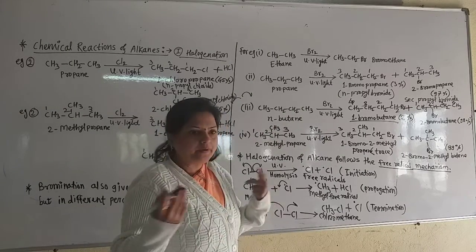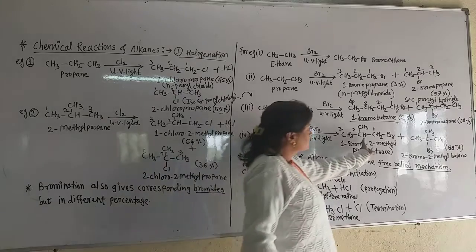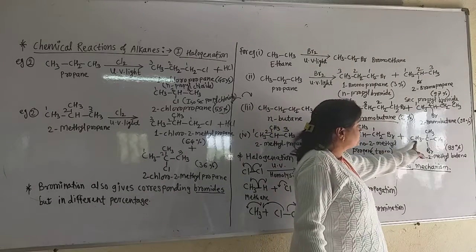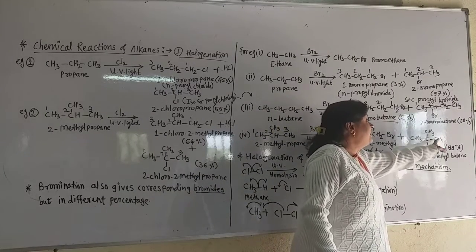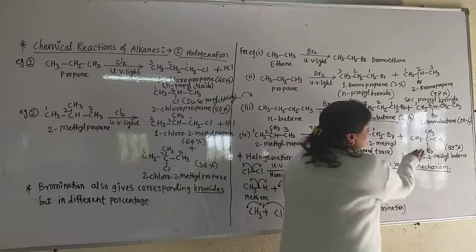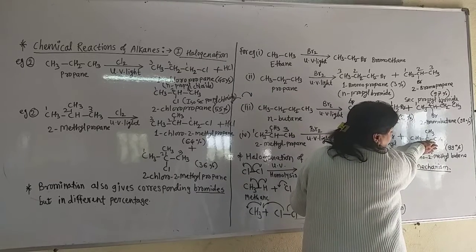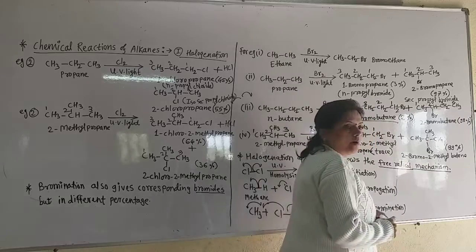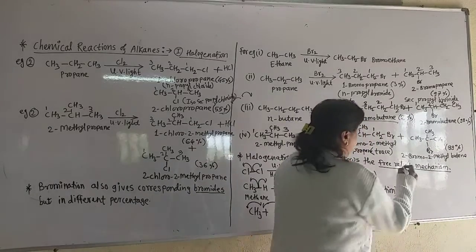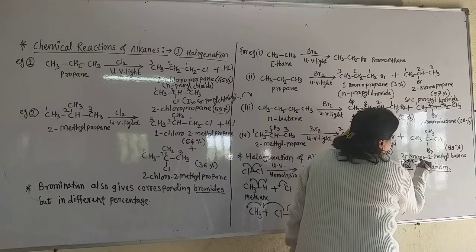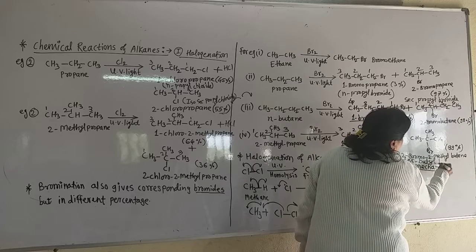It is obtained from propane. And if we replace this hydrogen, now this is tertiary butyl bromide, because this is the tertiary butyl group. We know that. So the common name is tertiary butyl bromide.